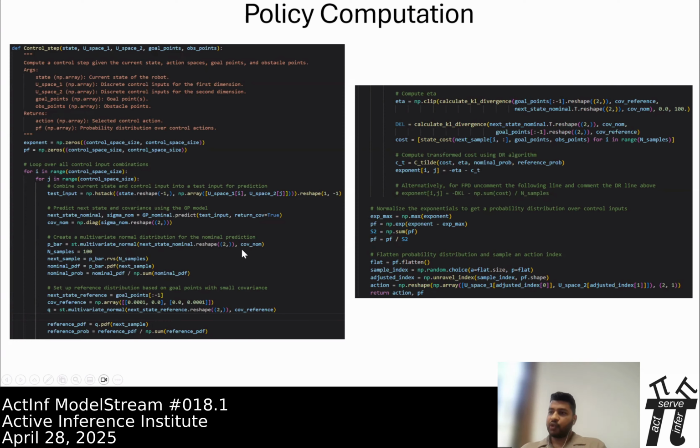And basically you have the normalized PDF here. And we do the flattening operation and unraveling the index, and then we take the action from this PDF, and we give the action. The agent will then give the action to the state, to the system.